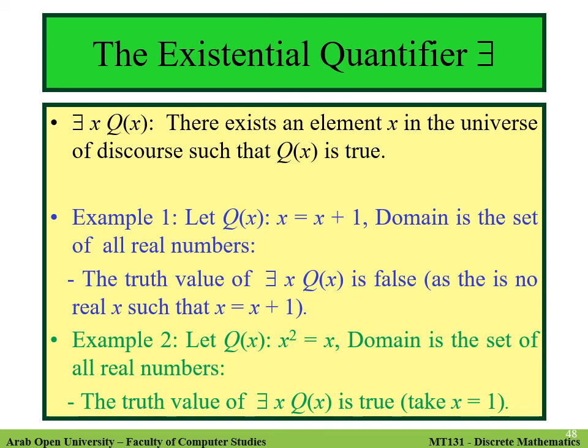If the domain is a set of real numbers, you can use x equals 1, since 1 squared is equal to 1, or even use x equals 0. This statement is true for some real numbers, and therefore the statement there exists an x such that Q of x is true.